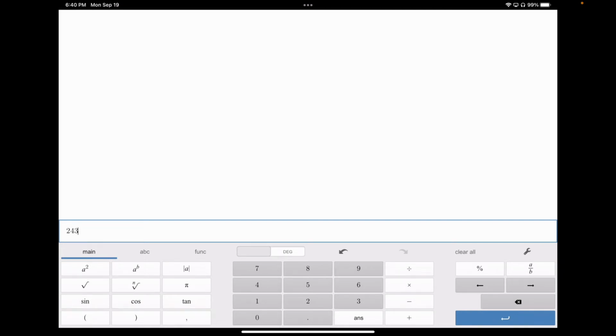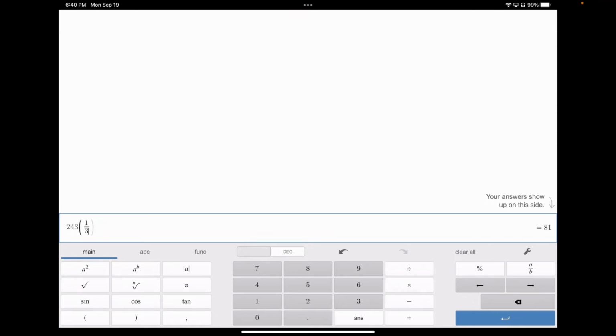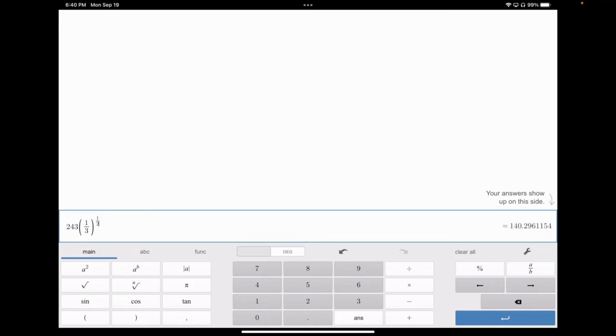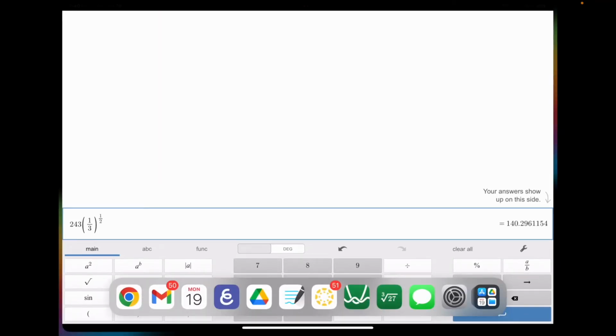Now the answer appears over on the right, so that is 140.296. So 140.3, or we'll just say around 140.